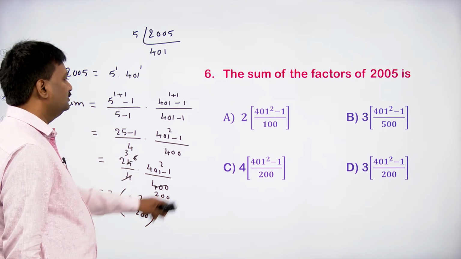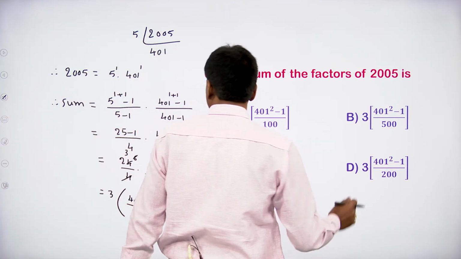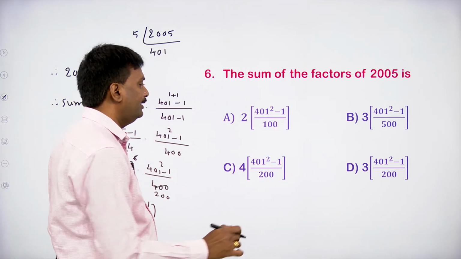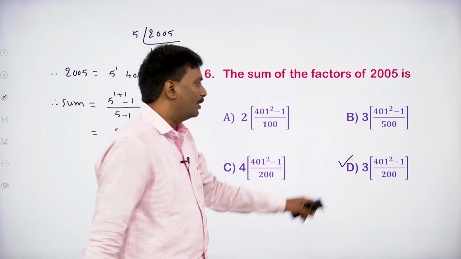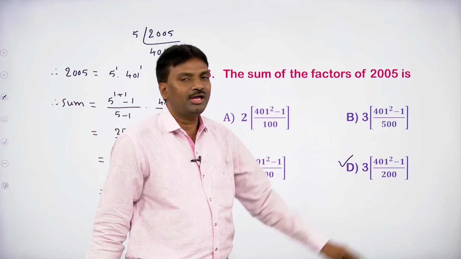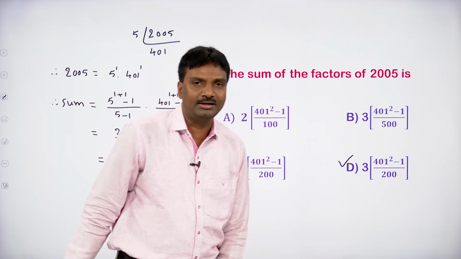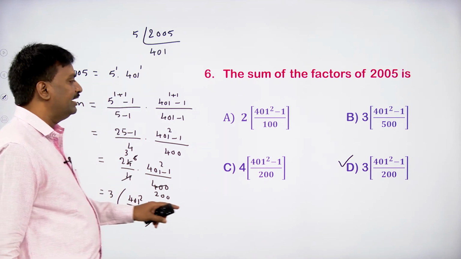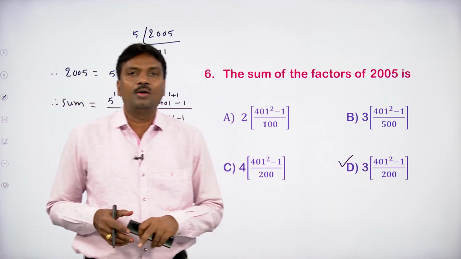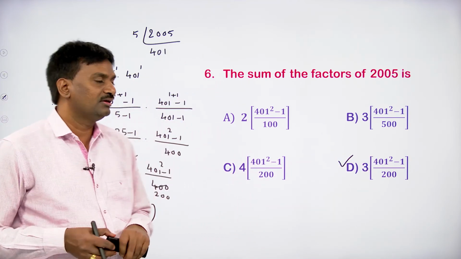By observing the options, we have 3 into 401 square minus 1 by 200, so that is option D. In option B also we have 3 into 401 square minus 1, but the denominator is 500, whereas according to this the denominator is 200. So option D is the correct option for the given problem.